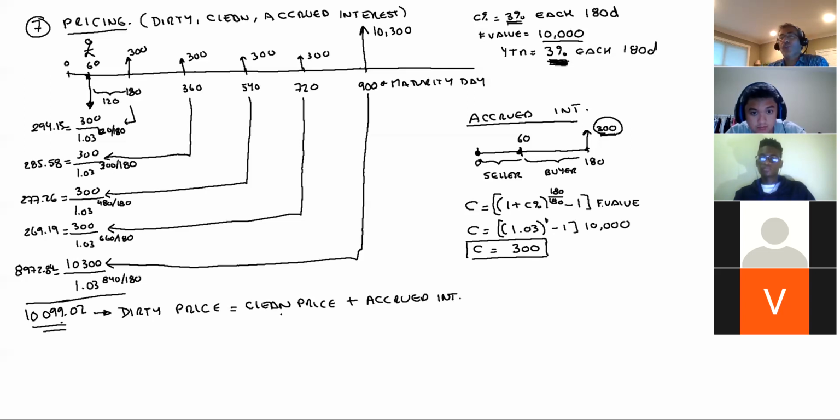Okay, so for accrued interest, so I will call it AC, we use the same formula. For this one here, we use the coupon. But the thing is that, okay, the coupon is for 180 days, but I'm just interested in the value on 60 days, this part here. Minus 1, and then I multiply this times 10,000.